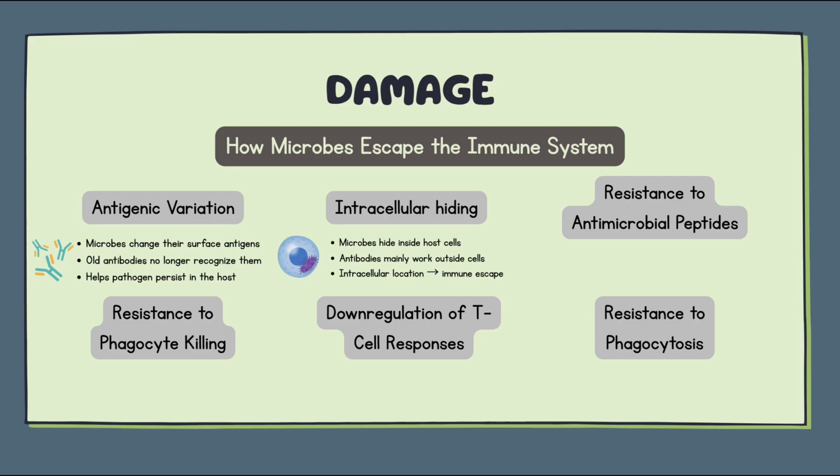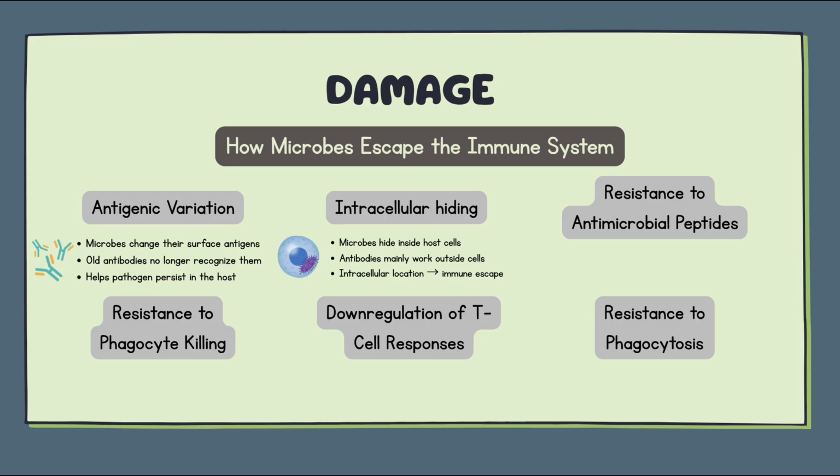The third way is through resistance to antimicrobial peptides. The body produces antimicrobial peptides or proteins, and these are components of the innate immune system. These peptides normally damage or destroy microbial membranes, and then they eliminate the invading microorganisms.